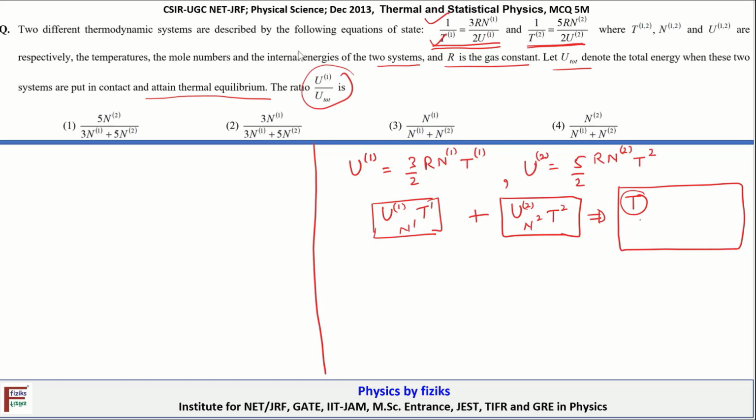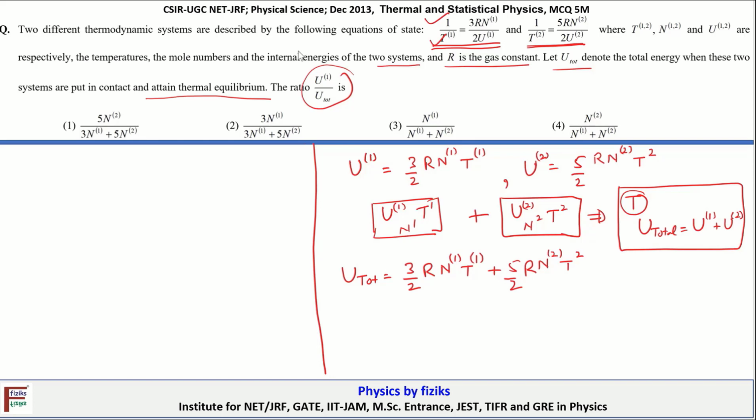So the total internal energy of the composite system, if I call that U total, will be simply the internal energy of system 1 plus the internal energy of system 2. So U total equals U1 plus U2, which is equal to 3 by 2 R N1 T1 plus 5 by 2 R N2 T2. Now we have to determine the ratio U1 by U total.